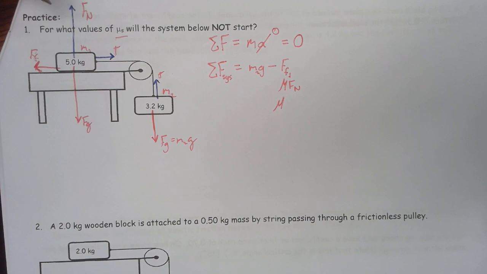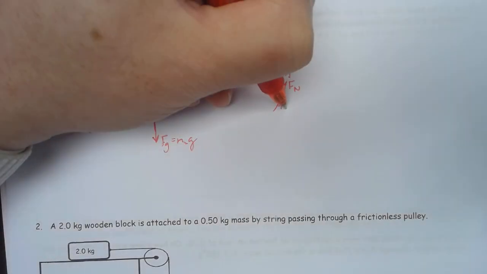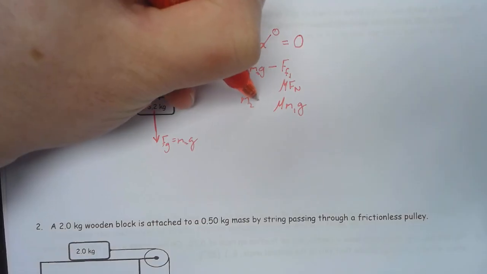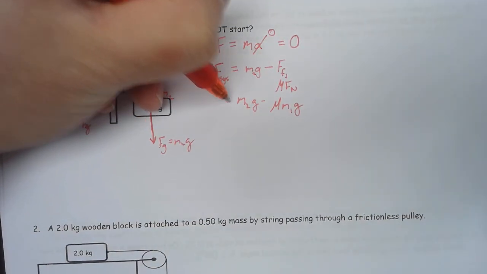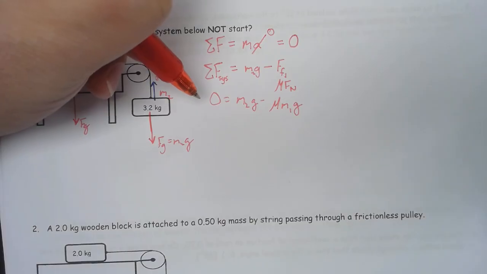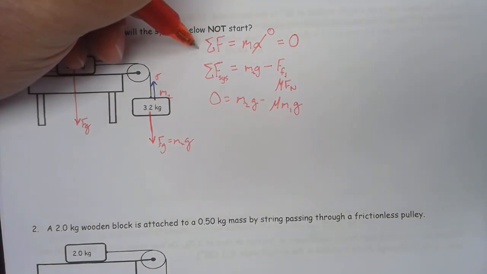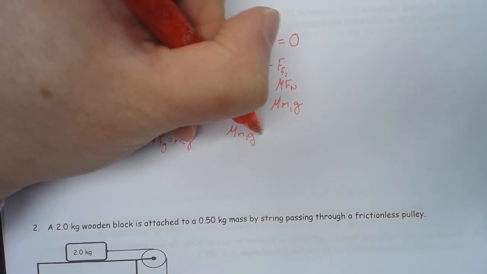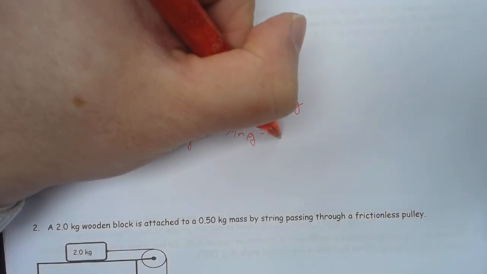Force gravity of box 1. So m1g. So m2g minus m1g equals 0, right? We said it's not moving. That's what we started off with, that first line up here. So mu m1g equals m2g.